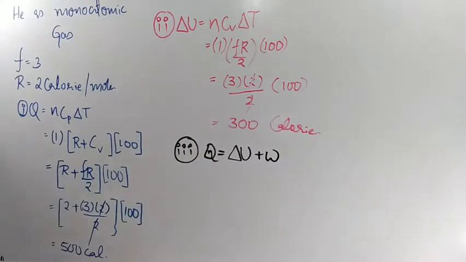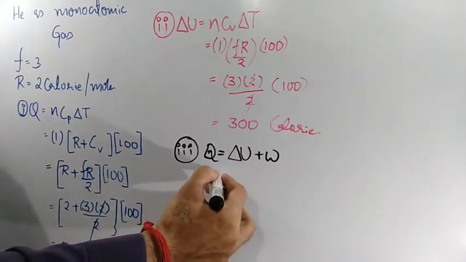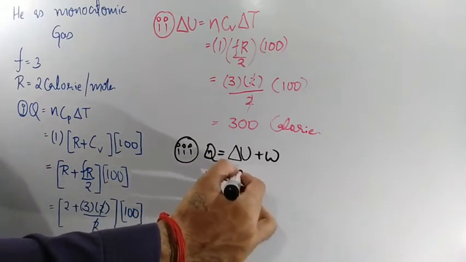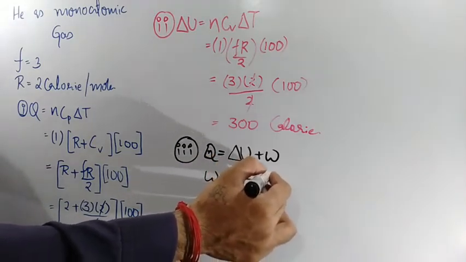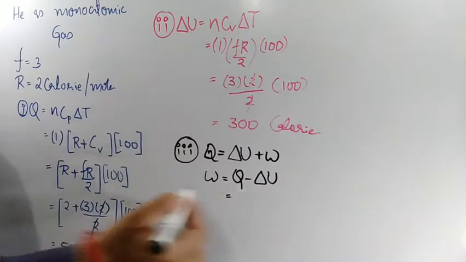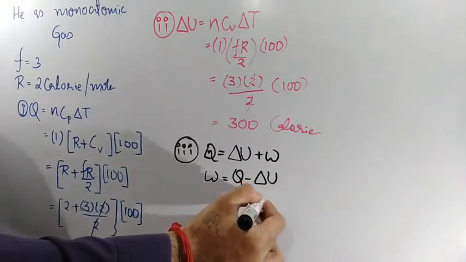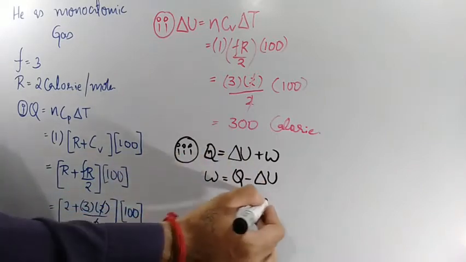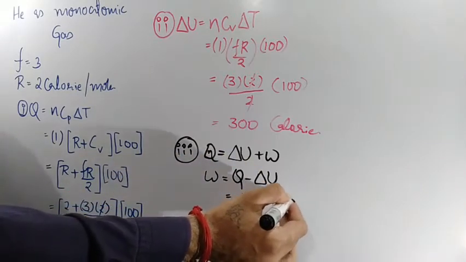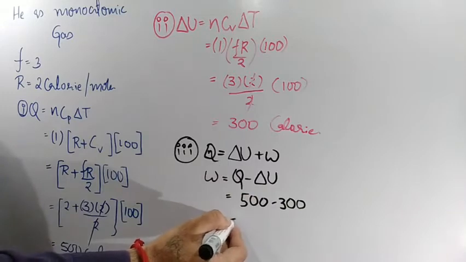Can you calculate? So here if I want to write, W is equal to Q minus delta U. So Q how much? We are supplying 500 minus delta U value 300. So final work done value how much?